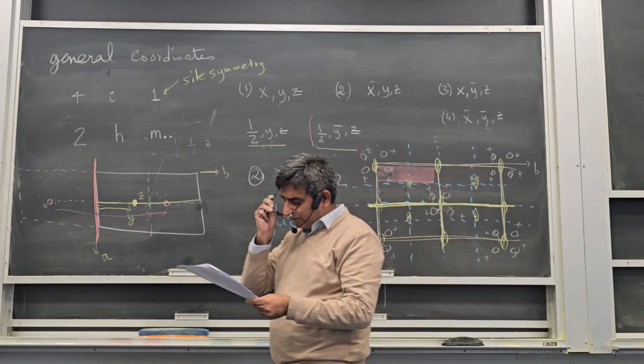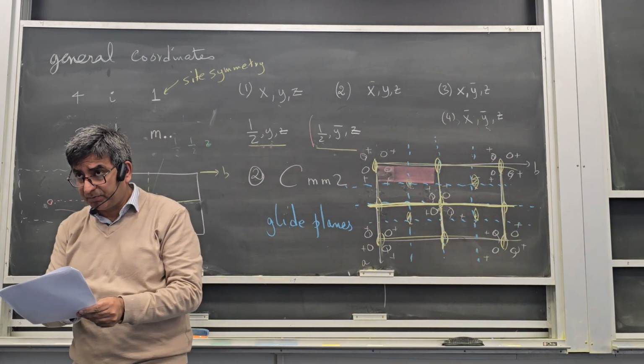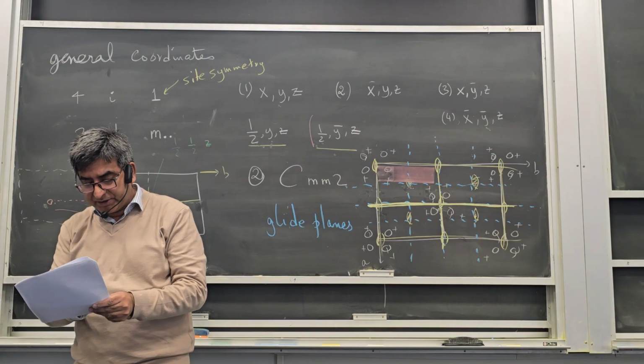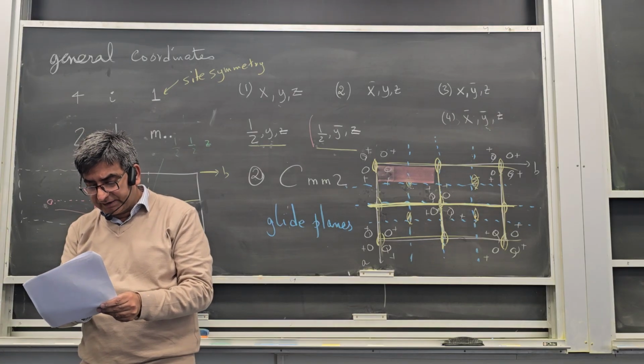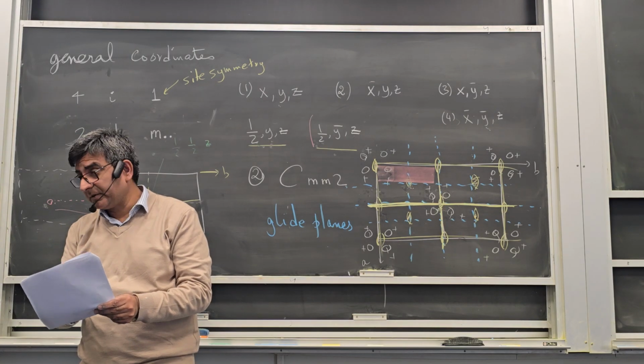So let me rephrase this. For the 0, 0 plus set, the symmetry operations are trivial, the two-fold axial rotation, a mirror plane, and another mirror plane.